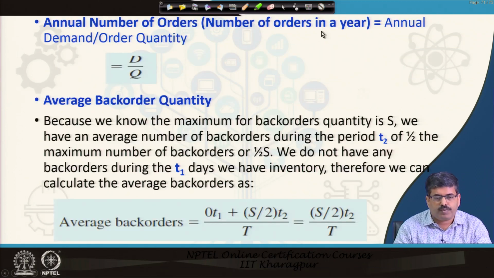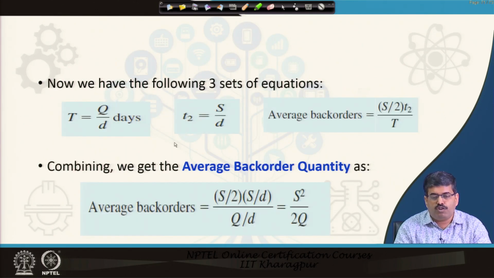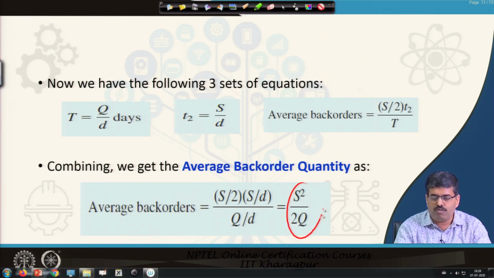Annual number of orders is D by Q, average back order quantity is S by 2 multiplied by T2 whole divided by total time period. When we let the maximum back order quantity reach an amount S, the T2 formula becomes this. Combining again, we get average back order quantity as S square by 2Q. We require only this much, those were the derivations.